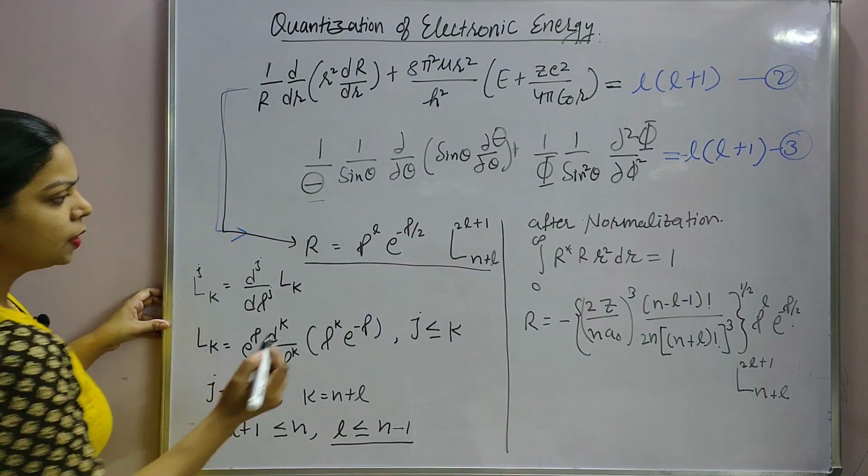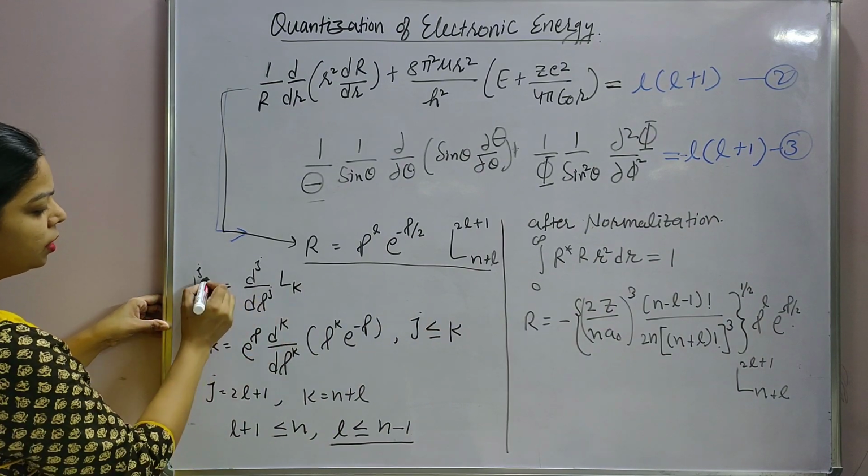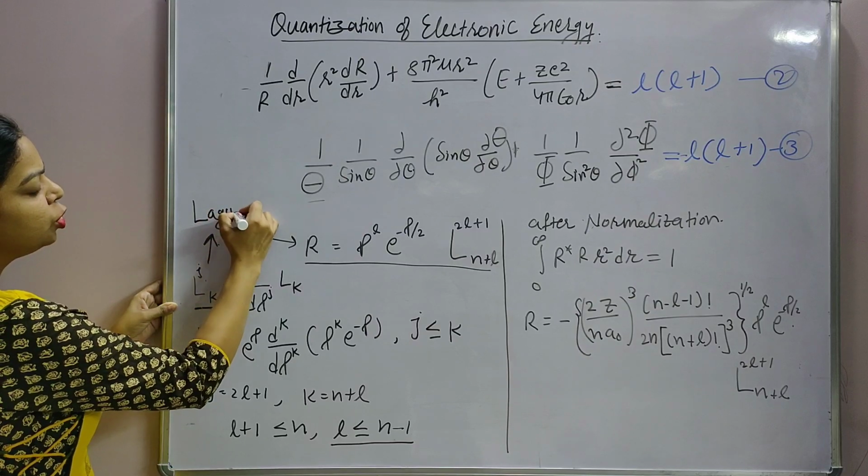So here this L is this one, and this L is known as Laguerre's polynomial.